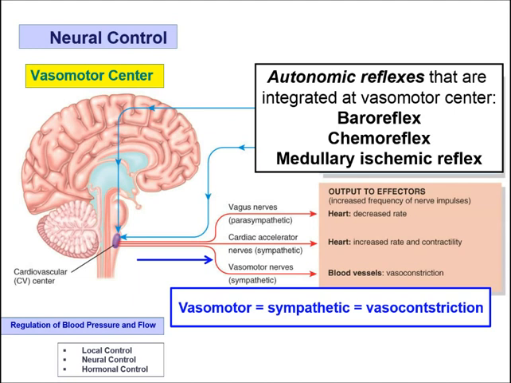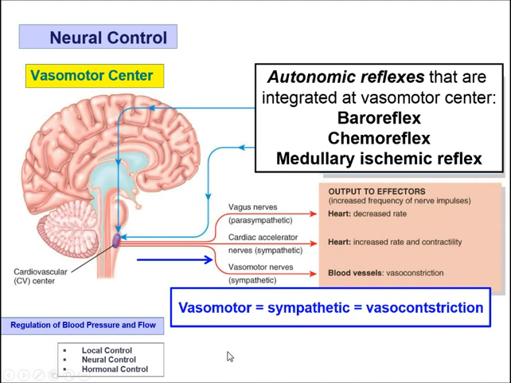Now, we know that we really don't change the blood flow to the brain a whole lot, but in response to baroreceptor feedback, chemoreceptor feedback, and the medullary ischemic reflex, we may very well have some modification in order to maintain homeostasis, and this would involve vasoconstriction or vasodilation of the vessels to the brain.